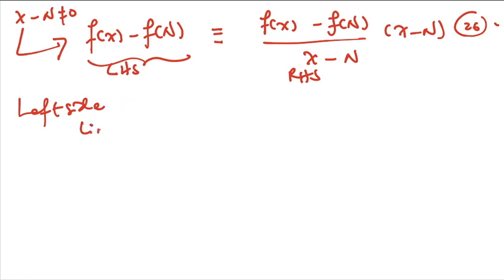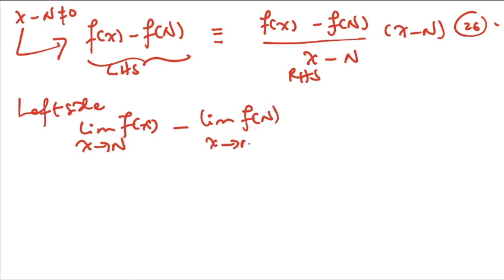It is the limit of fx as x approaches n minus the limit of fn as x approaches n. What have I done when I take the limit? What theorem did I follow? It's basically the difference limit theorem.